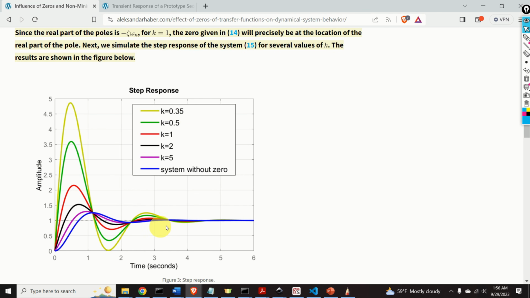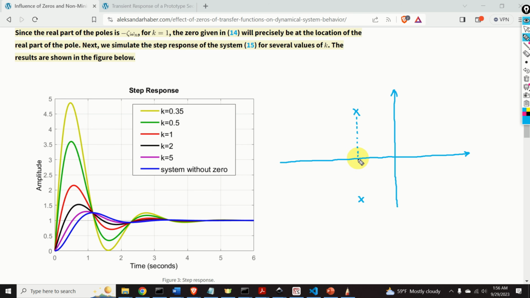Next to this graph, we will sketch another graph that will help us to understand the effect of this parameter k on the system response. First, we need to sketch the real and imaginary axis. Here's the imaginary axis, and here's the real axis. The poles of the closed loop system are located over here and over here.